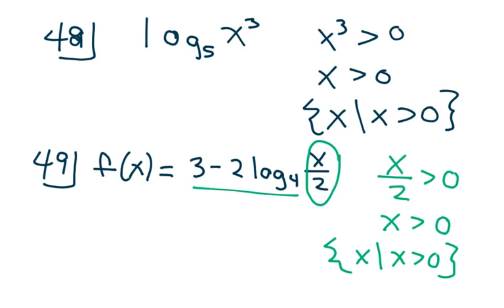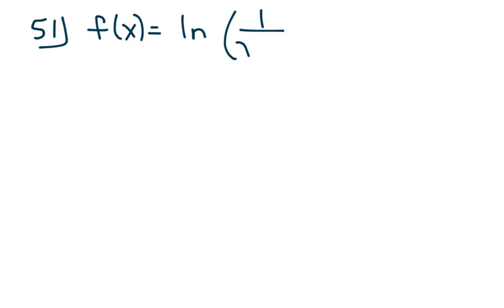And let's do 51. Okay, so 51 is where it gets a little more interesting. We have f of x equals ln of 1 over x plus 1. So that requires 1 over x plus 1 to be bigger than 0.